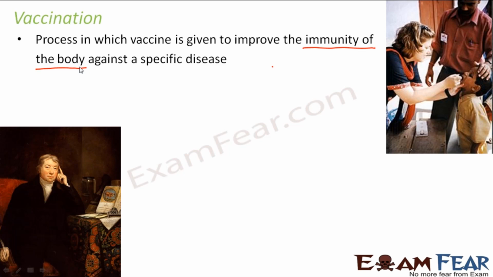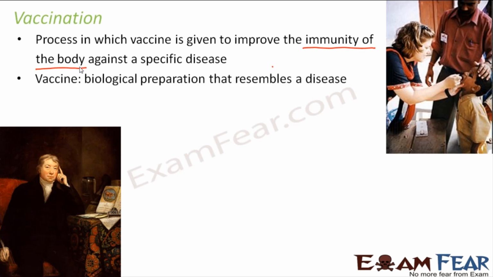Now the question is, what is there in that vaccine which helps to improve the immunity? So a vaccine is a biological preparation that resembles a disease. It is like, let us take the example of smallpox, right? Not smallpox. Let me first complete the story of Edward Jenner. So as I was telling, in his experiment he gave a cowpox vaccine to a cowboy.